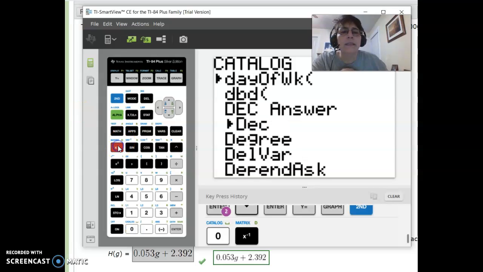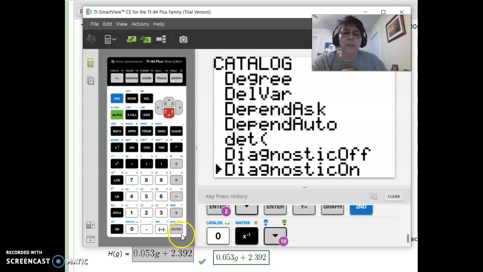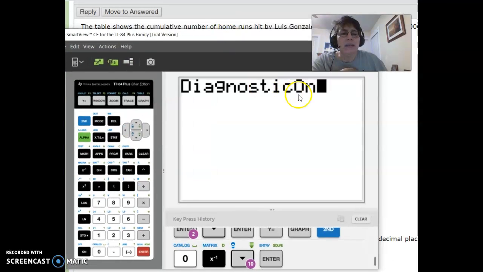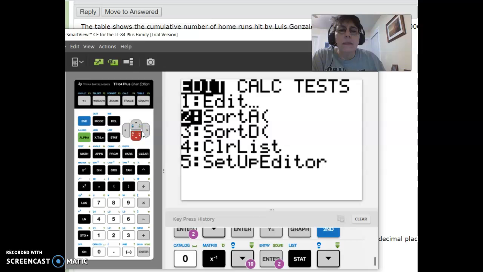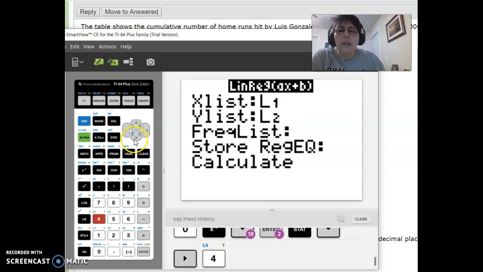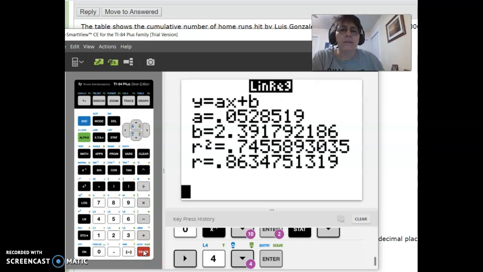I just hit D, and I'm coming down to diagnostics. And I'm going to turn them on. As soon as I hit enter, it'll be done. So now if I do stat, or calculate, 4. I already have the regression, calculate.